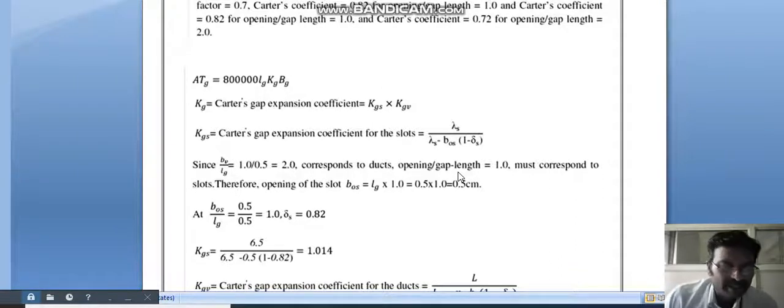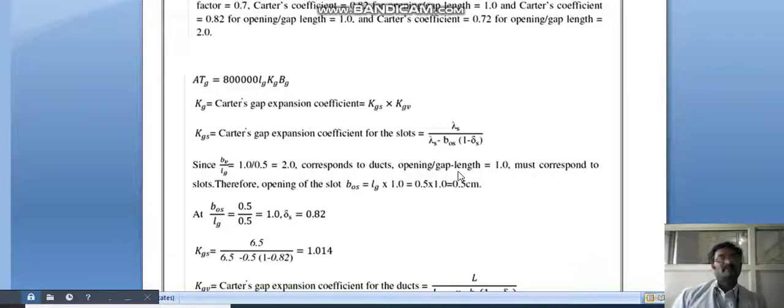Here C0 is the coefficient of output equation, D square L is the main dimensions, and n is small n, the speed in RPS. In the problem, if they give the value of RPM, then from the RPM, if you divide it by 60, we get the value of RPS, that is the value of small n.